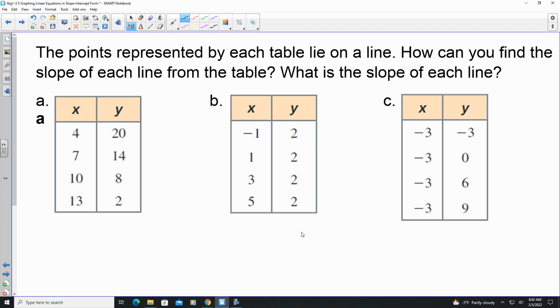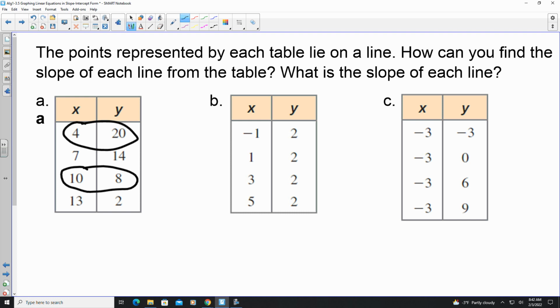Since they tell you that each point on here is in fact on the line, you can choose any one of the points to help you find the slope. So I can choose these two, or I could choose these two in order to determine what my slope is.